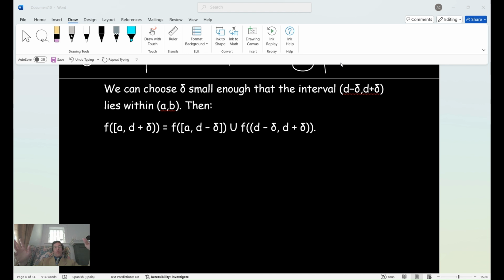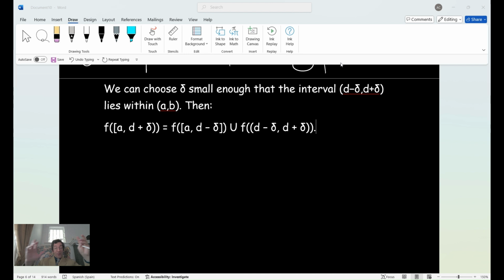Can't have unruly endpoints. But the first term is tame, right? Because d minus delta is less than d. And the second term is tightly corralled within the interval. We have the interval f of d minus epsilon and f of d plus epsilon there.